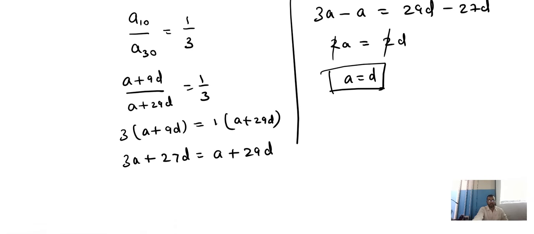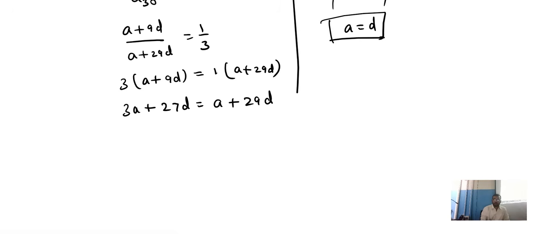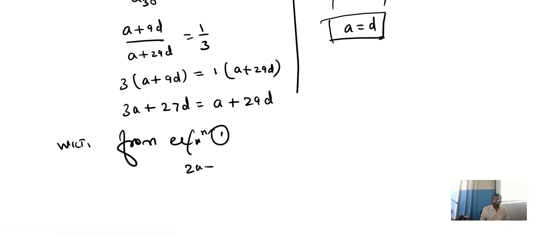Now I am going to apply that step. From equation 1, 2A plus 5D is equal to 14.